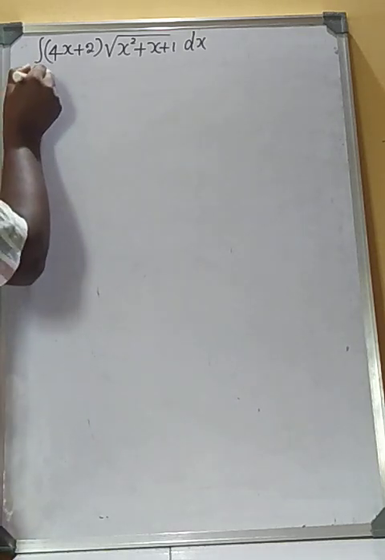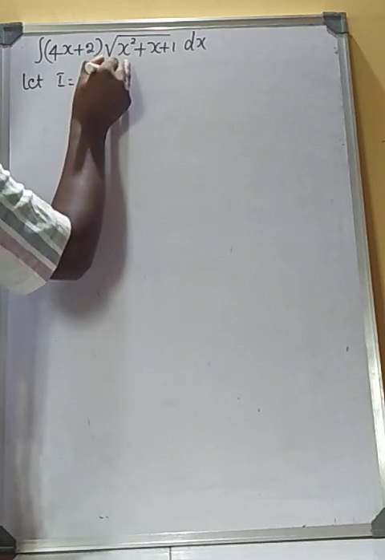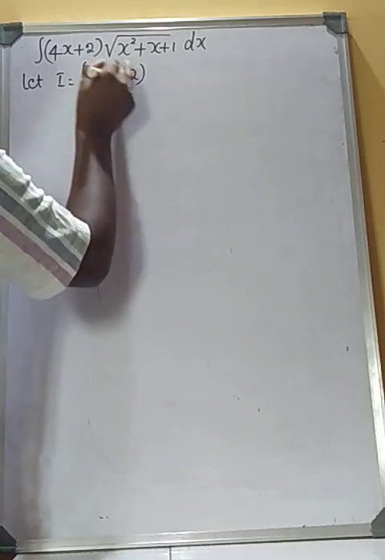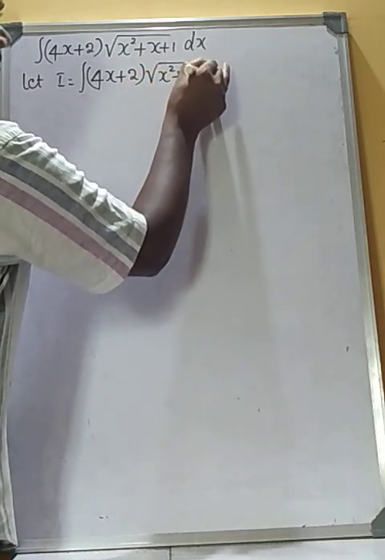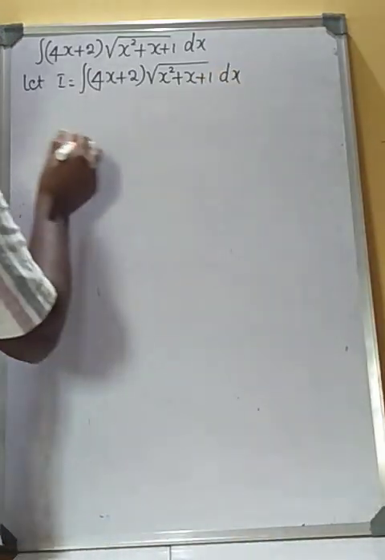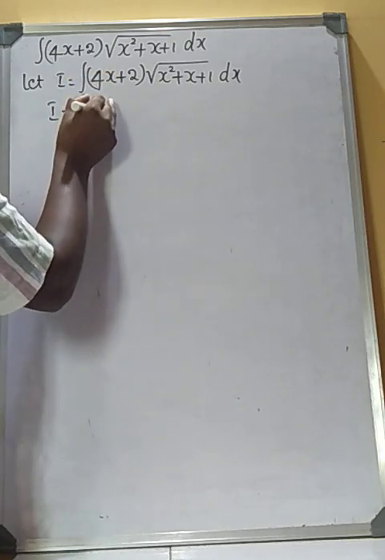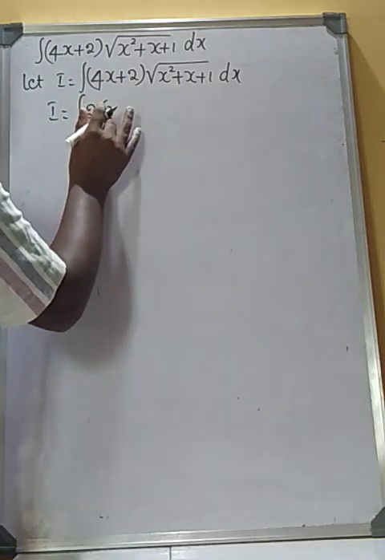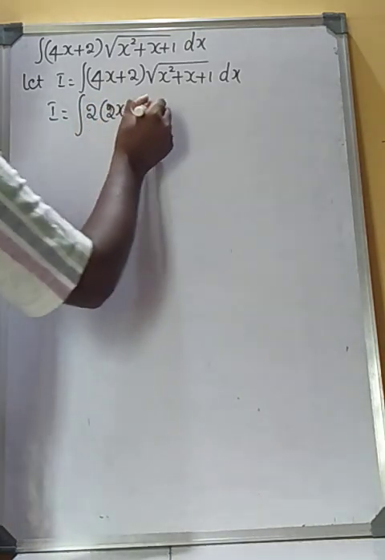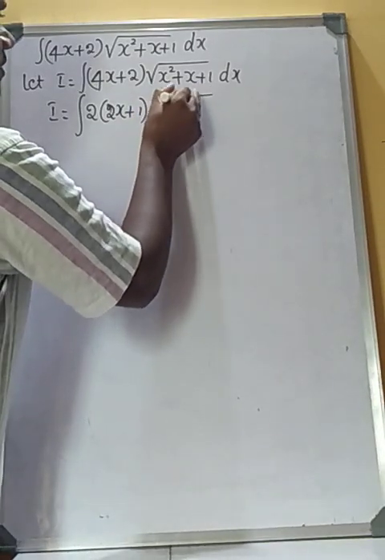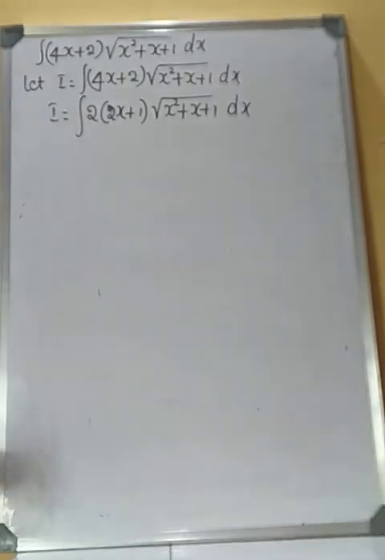So let I equal the integral of 4x plus 2 into root of x square plus x plus 1 into dx. Therefore, I is equal to the integral of, 2 is common, in bracket 2x plus 1 into root of x square plus x plus 1 into dx.